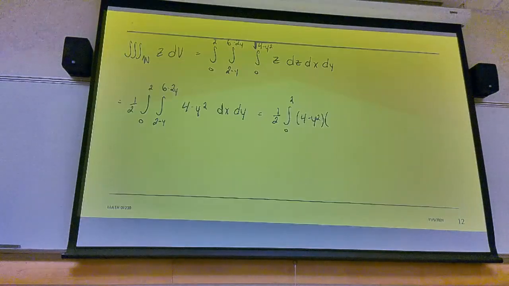Six minus 2 is 4. Negative 2y minus negative y. So that's 4 minus y. We have to do algebra. At least this one's not too terrible to do.